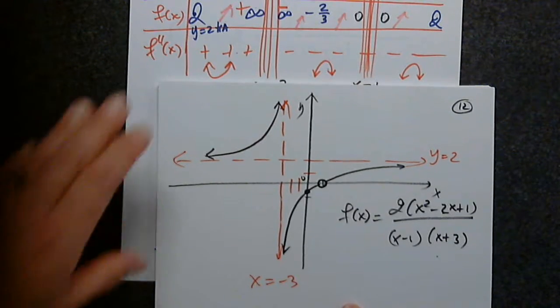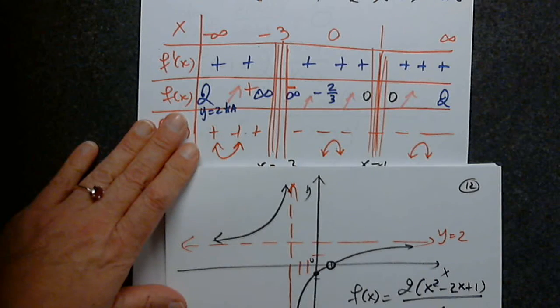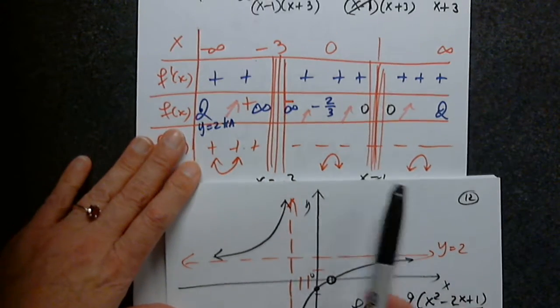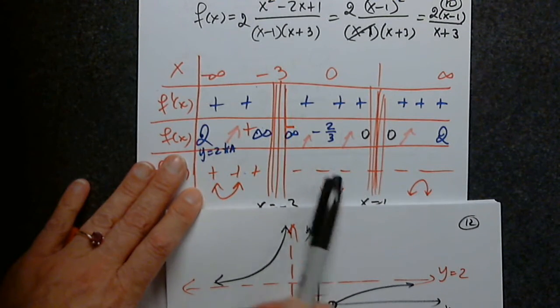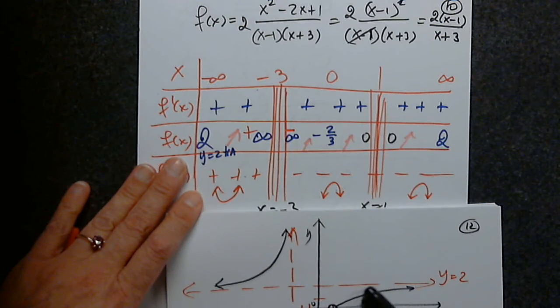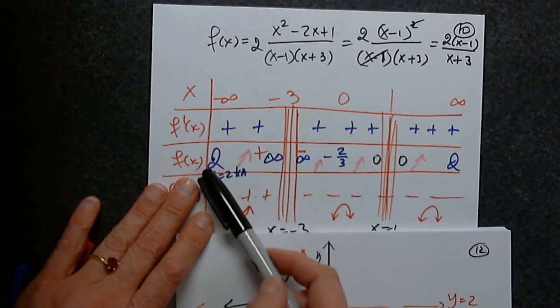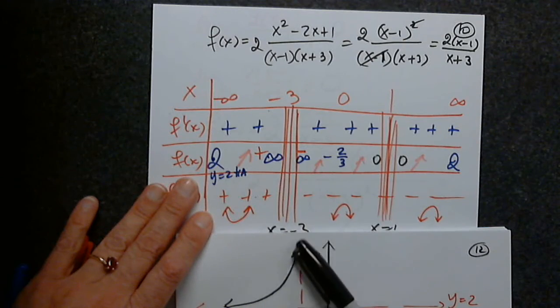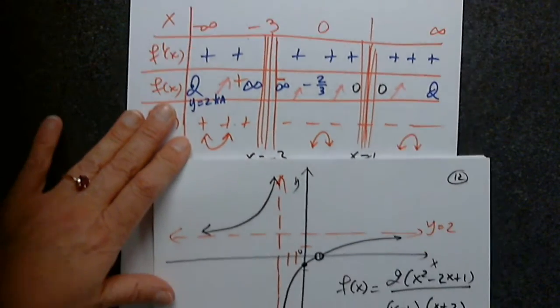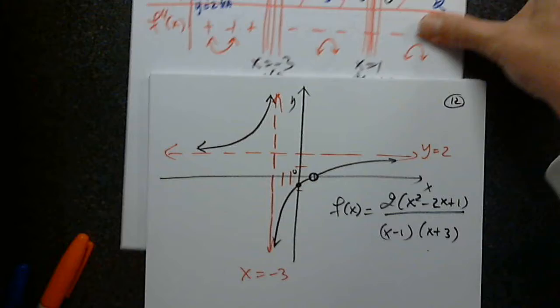So the function was always increasing, and it was opening downward from -3 to infinity, and opening upward from negative infinity to -3. Questions, please.